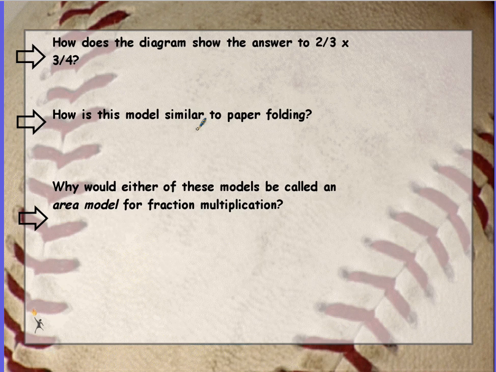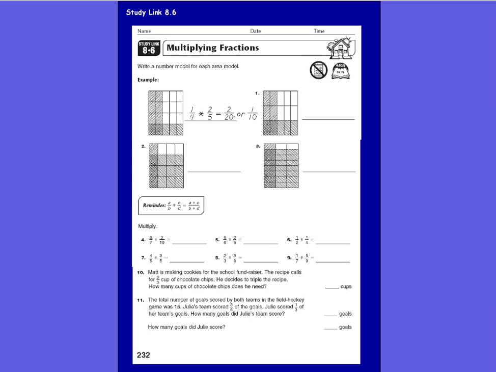How is the paper folding similar to the area model? They're exactly the same. It has the same representation, because we would be folding the sections if we were actually folding it yesterday, and we're filling in those pieces. So it's 2 different ways to do the same exact thing.